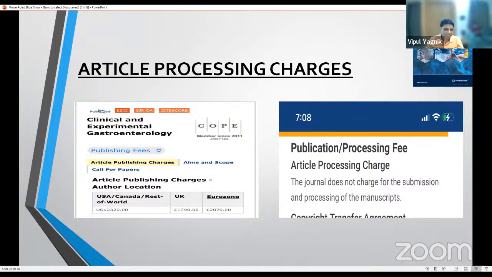On the other side, you can see the publication and processing charge: it has been mentioned that the journal does not charge for the submission and processing of the manuscript, means it is free. So before submitting your article to any journal, you first look at whether the journal is chargeable or not.